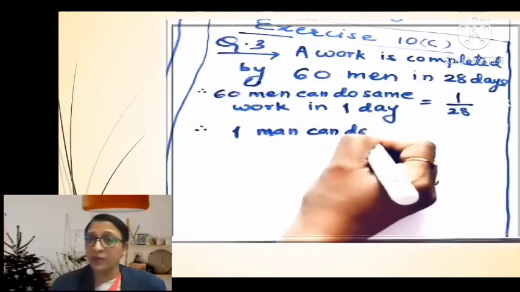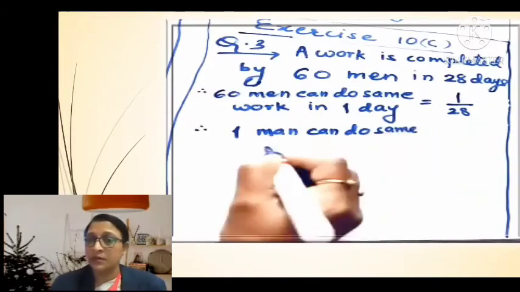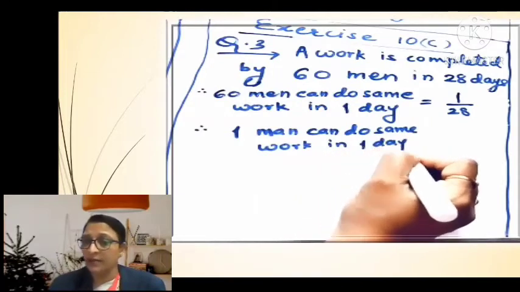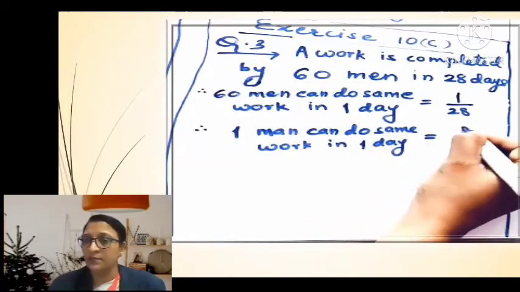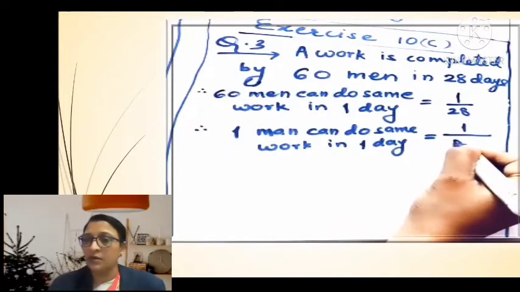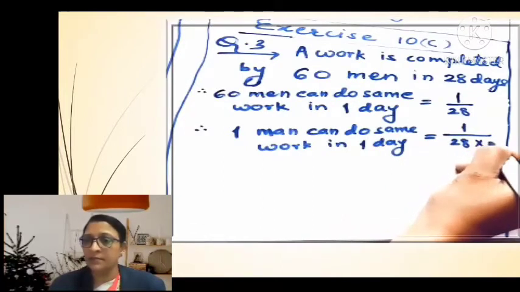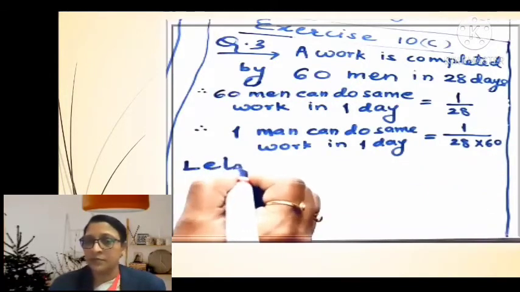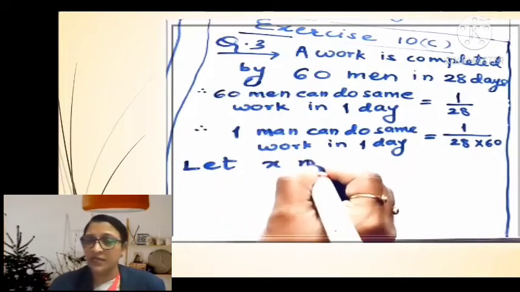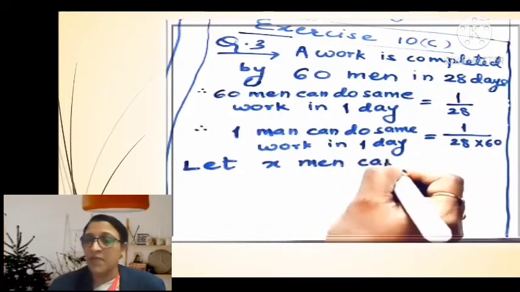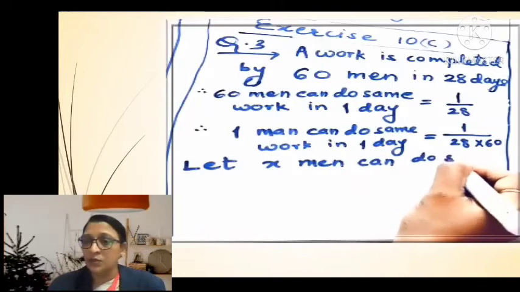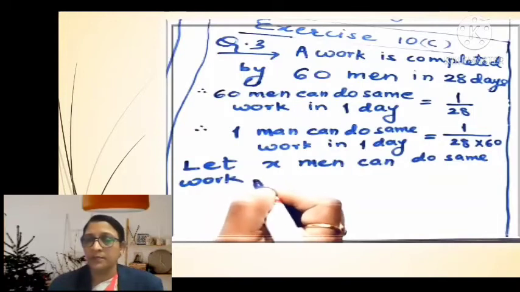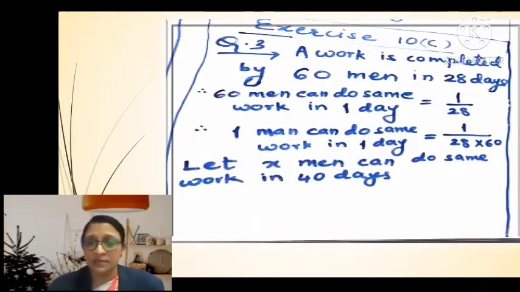Therefore, one man can do the amount of work in one day equal to 1 upon 28 multiplied by 60. Now here we will consider X men can do the same work in 40 days.